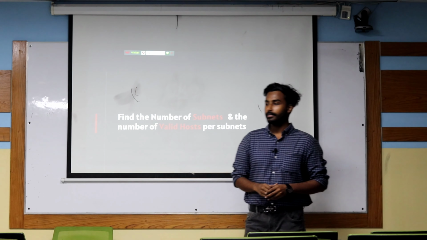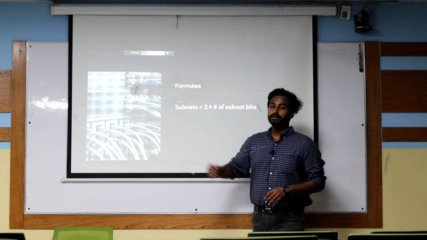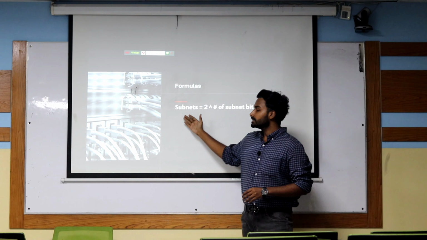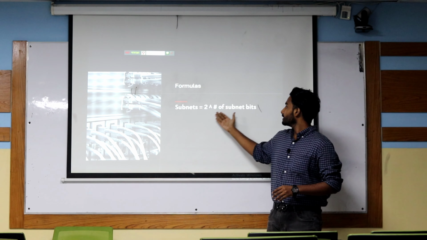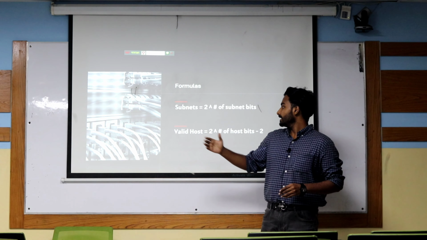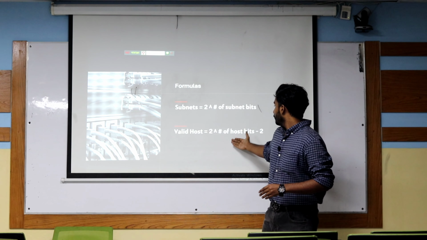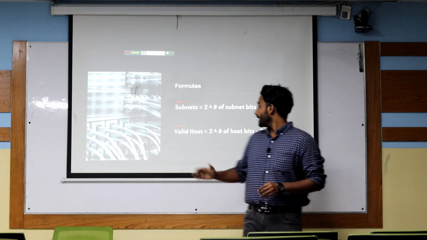So talking about the formulas, the first formula is to determine the number of subnets. The number of subnets will be 2 to the power of the number of subnet bits in the subnet mask. The second formula is that the number of valid hosts will be 2 to the power of the number of host bits in the subnet mask, minus 2.